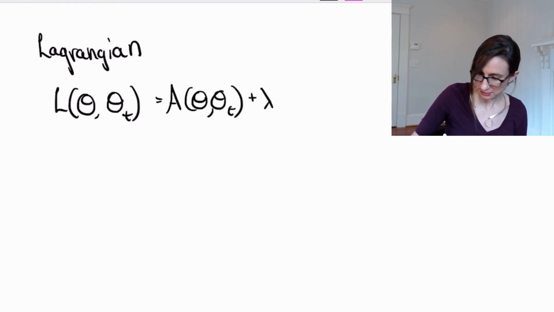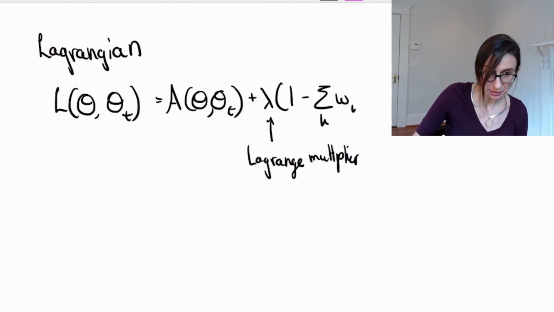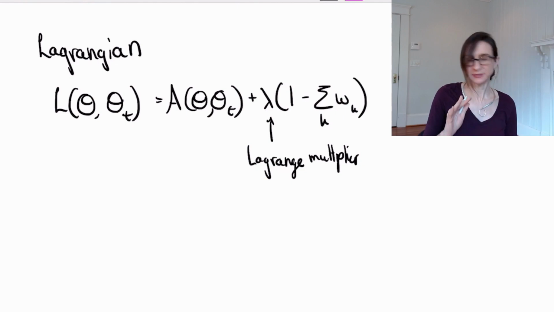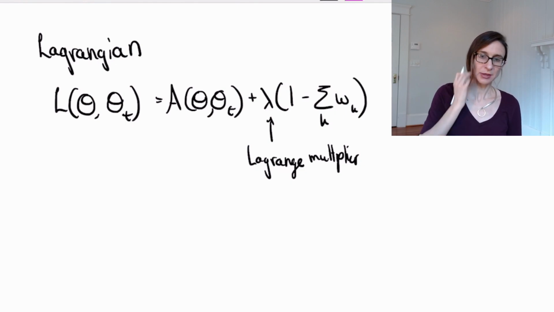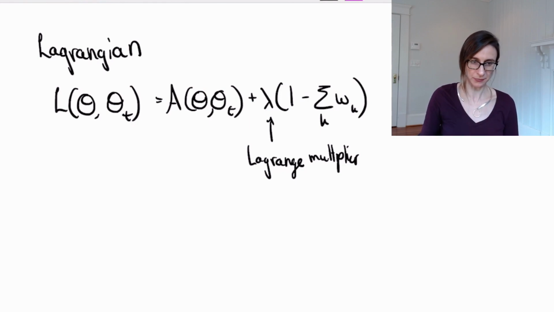And that is my Lagrange multiplier, and it's 1 minus the sum over k of wk. So the weights have to add up to 1, and that's why the constraint is in here like this. 1 minus that sum has to equal 0.